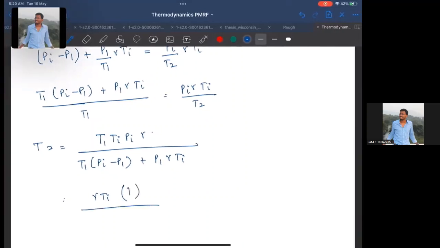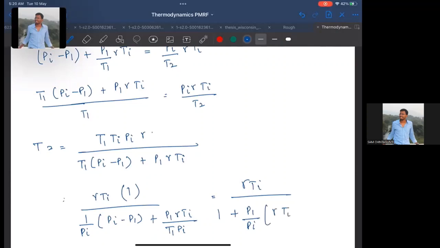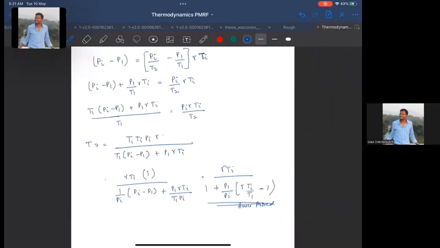This will become gamma Ti by 1 plus P1 by Pi times (gamma Ti by T1 minus 1). So this we have shown.